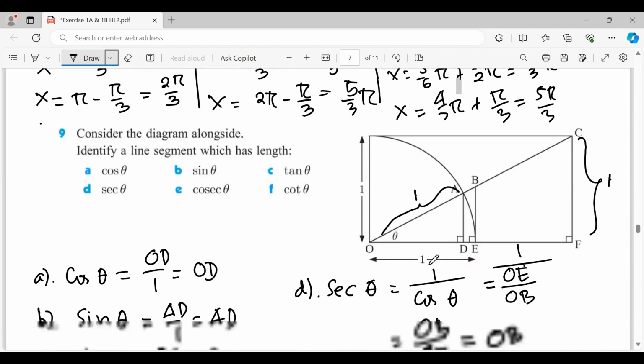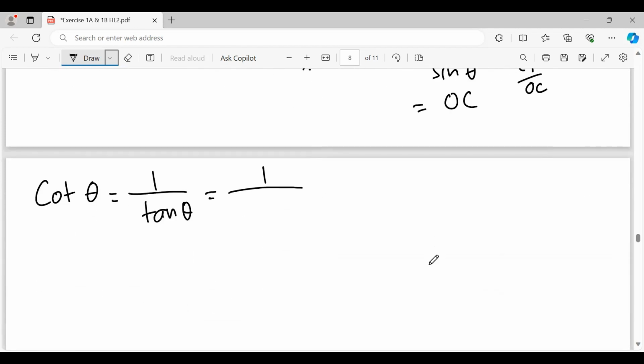Okay. So it is OF over CF. CF equals 1, it means this is OF.